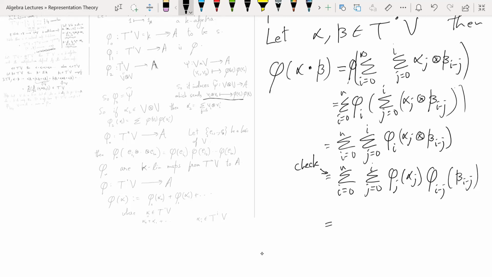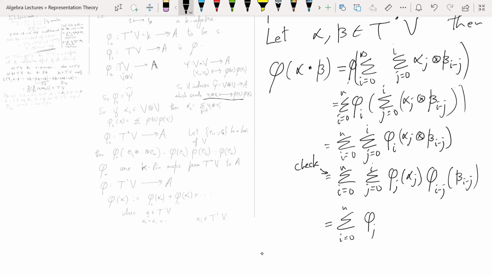So this is going to be the same as, or maybe this is enough. Now you can write it as a sum with I equals 0 to n. I think this is enough, so you don't have to break it further.